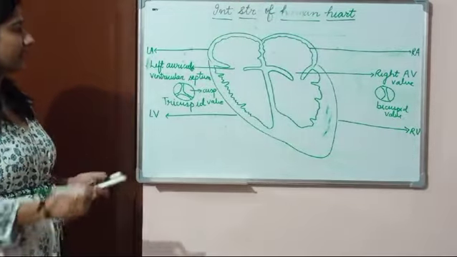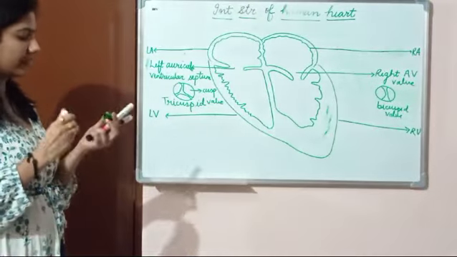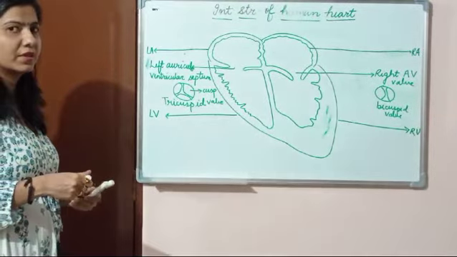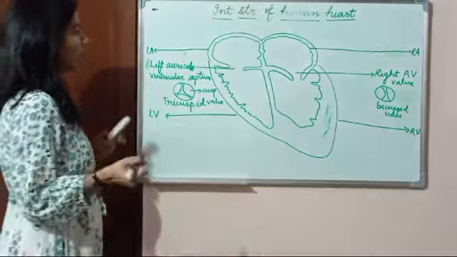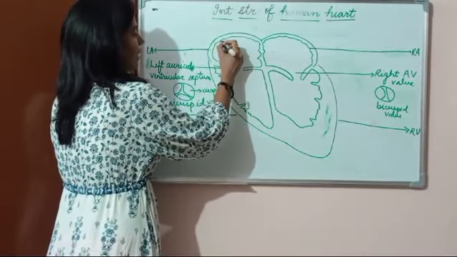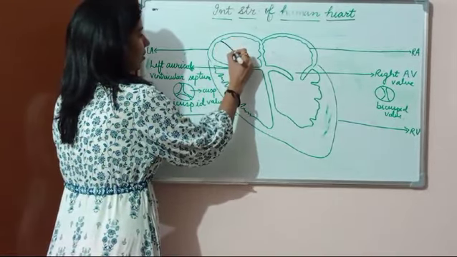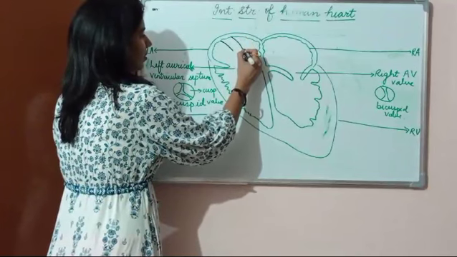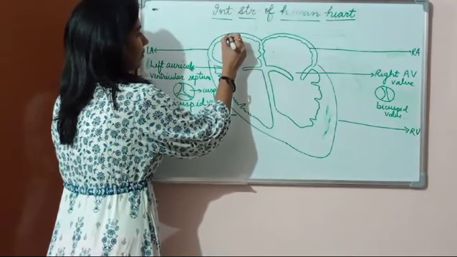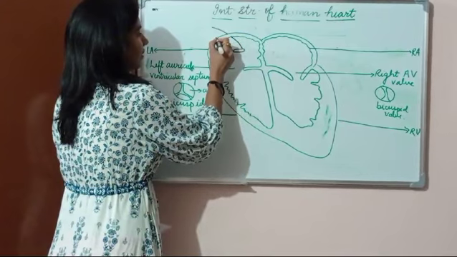Now this right atrium is going to receive blood from the body parts. There are two vessels, or we can say veins, which are bringing blood.